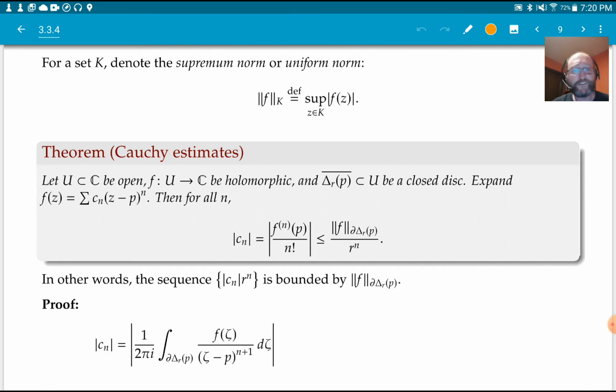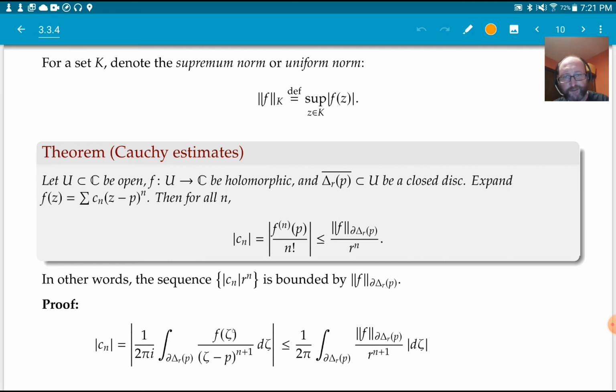All right, so let's do the proof. So let's take what was the formula for c_n? Well, it was this, right? That's from when we did the expansion of a power series. That's the formula for c_n. All right. Well, so we just take the absolute values and we estimate inside.